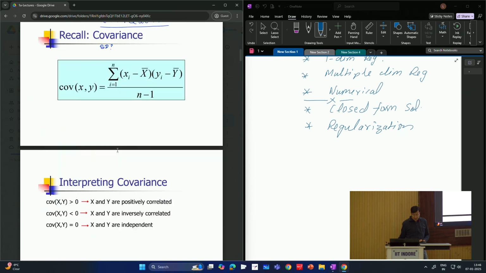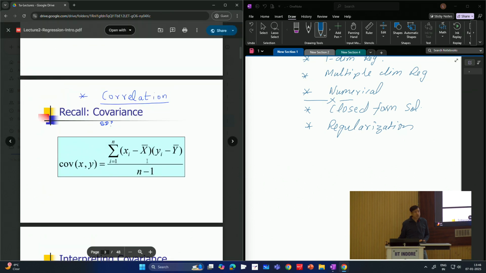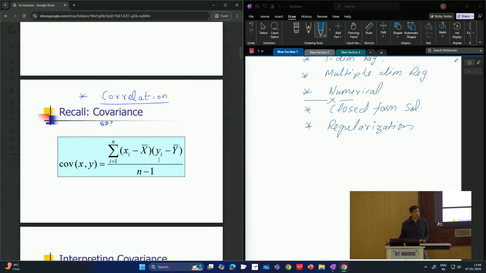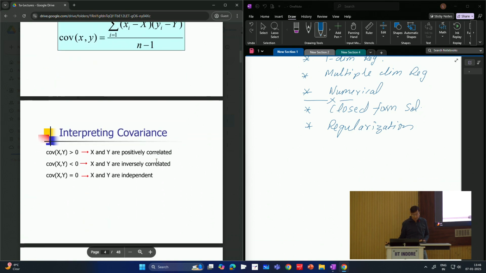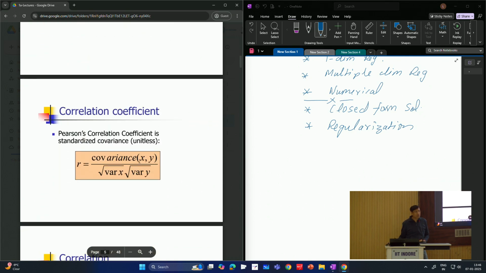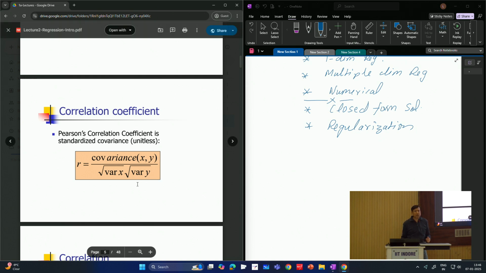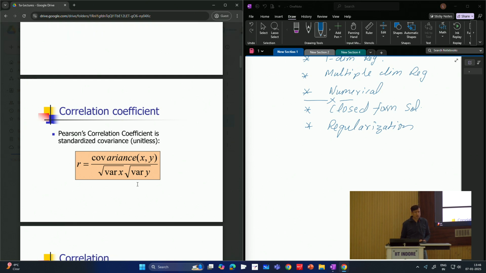To make this unitless, because covariance has a unit of X times Y, you use Pearson's correlation coefficient, where you take the covariance of X and Y and divide by the two standard deviations, the square roots of the variances. This makes R unitless, just for the sake of convenience.